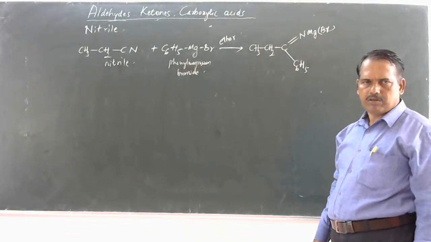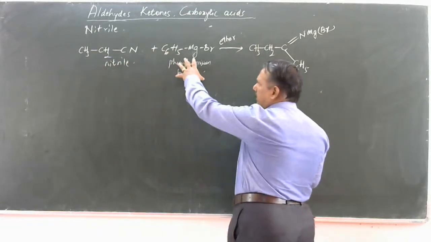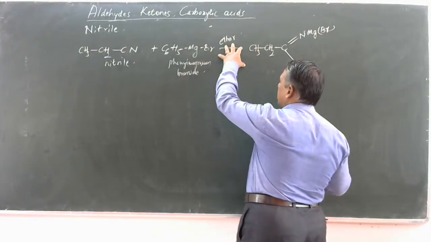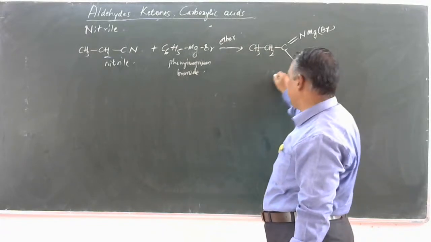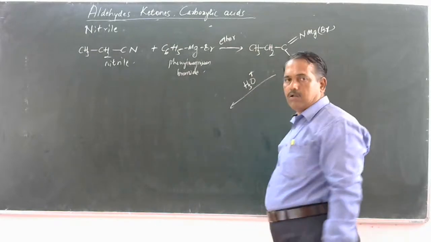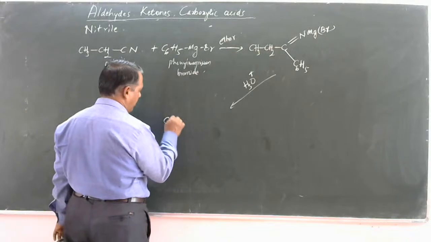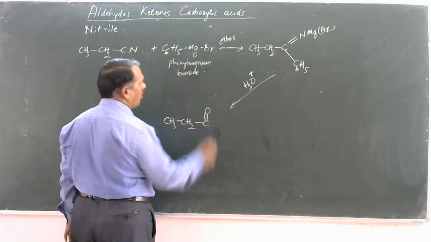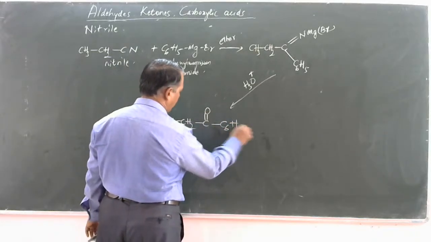Very simple reaction. Nitrile reacts with phenyl magnesium bromide in the presence of ether. So we will get an intermediate product. This intermediate product, on acid hydrolysis, gives CH3CH2C=O and C6H5.